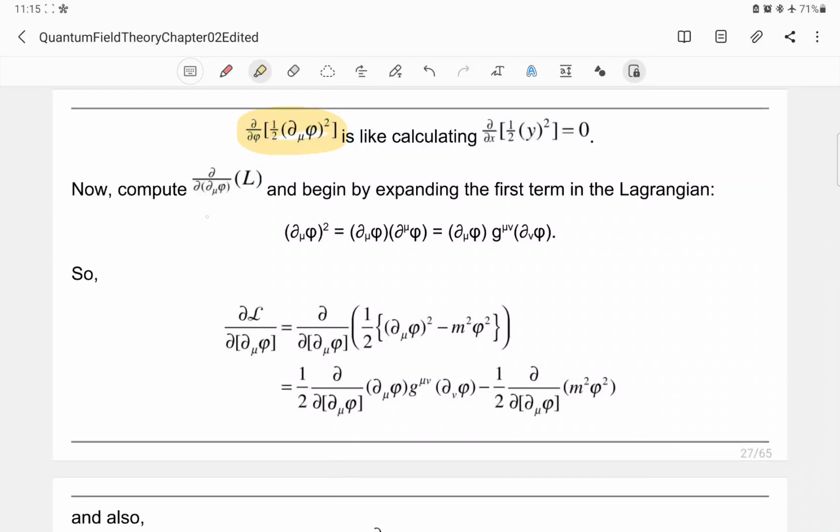Now we compute this one here. So let's begin by expanding the first term of the Lagrangian, this one. This is actually what we discussed in the first chapter.